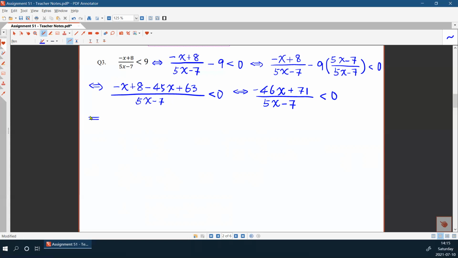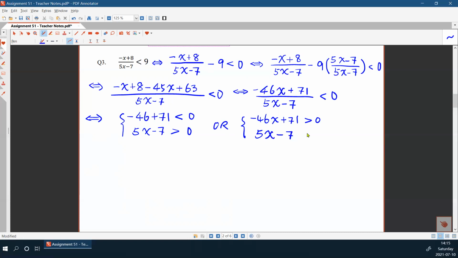Okay, again, a ratio between two numbers is a negative number. This is equivalent to either the numerator is negative and at the same time the denominator is positive, right? Or you can also have the numerator is positive and at the same time the denominator is negative, right?